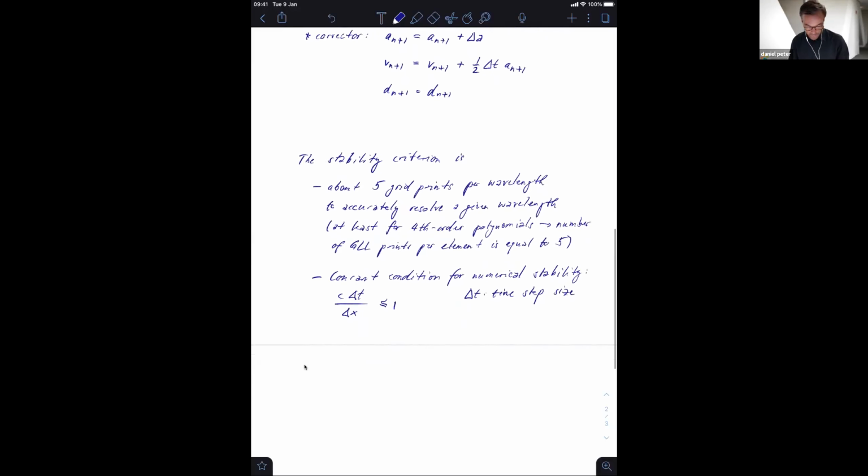So c would be the wave speed, which, for example, in our 1D example would be the shear moduli divided by density and the square root of it. And then delta x, that would be the grid node spacing.